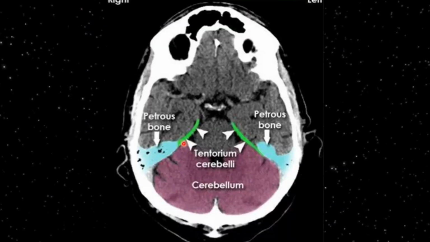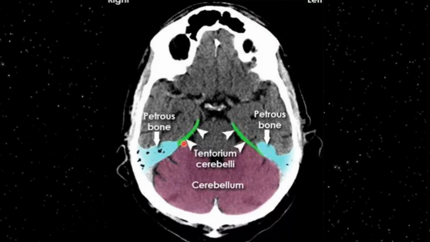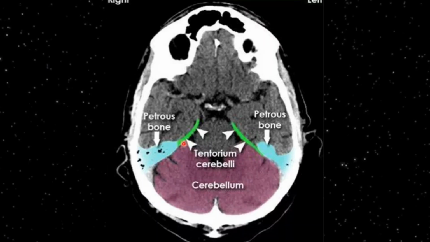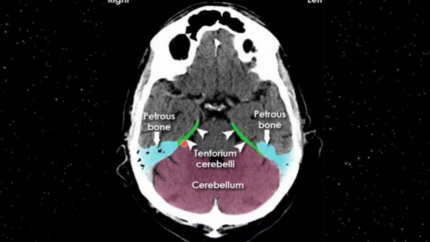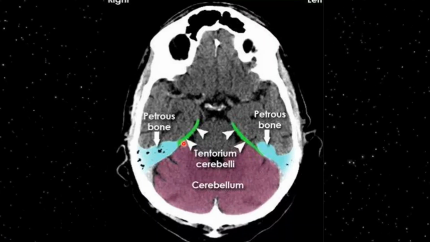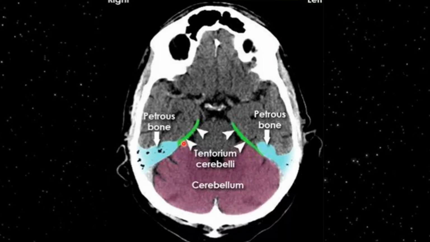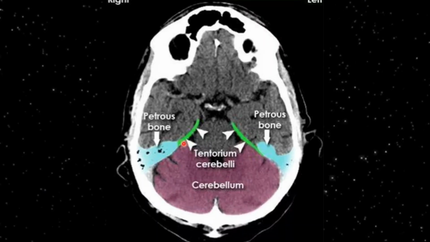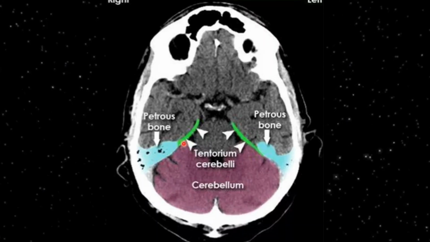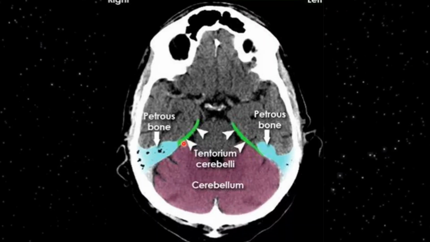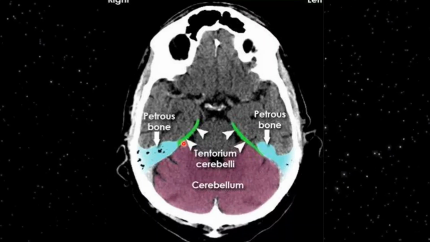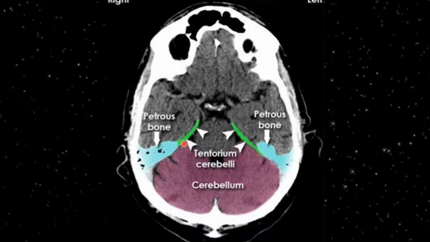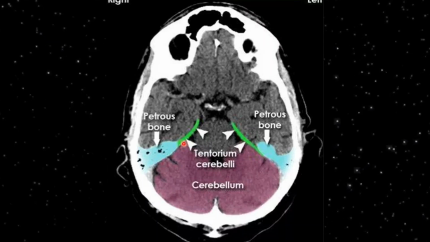Here in this image you can appreciate the posterior fossa and the two cerebellar hemispheres. There is a dense bone which is called the petrous part of the temporal bone. Anterior to that petrous part of the temporal bone there is a thick fibrous tissue, you can call it septa, and this fibrous septa separates the cerebellum from the cerebrum, and also separates the posterior fossa from the rest of the cranial cavity.